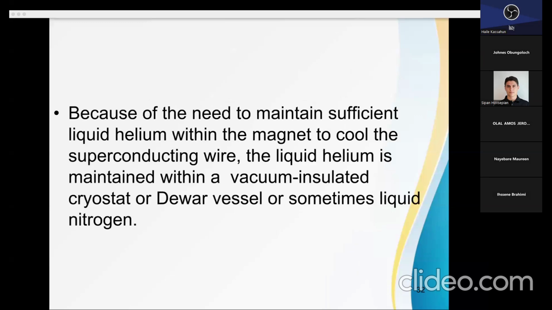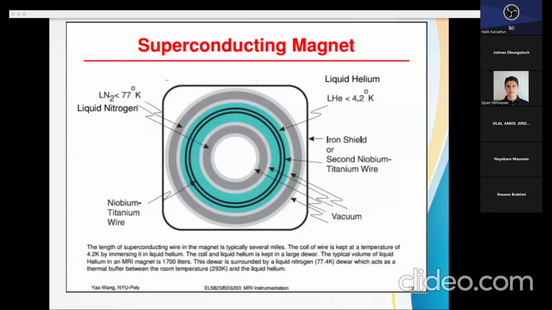Because of the need to maintain sufficient liquid helium, which you can use for cooling, you have to have some sort of insulation into the system as well, because the helium can evaporate. So sometimes you have to surround the helium itself with nitrogen to keep the cool temperatures in the system and things like that.